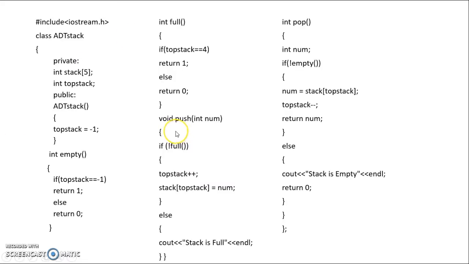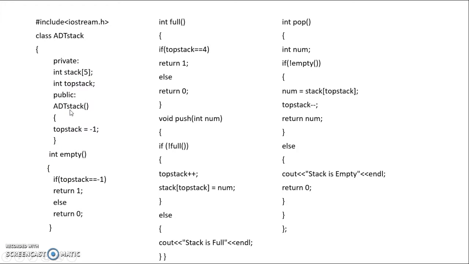So let's look into the example of stack application. Alright, so in this code, we create a class to create a stack, with data members: an array that only accepts 5 numbers, and the top, which determines the top position of a stack element.